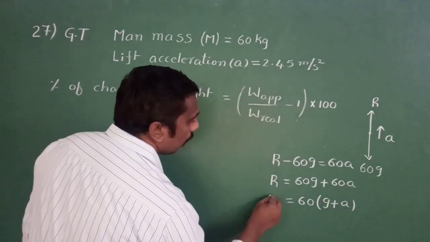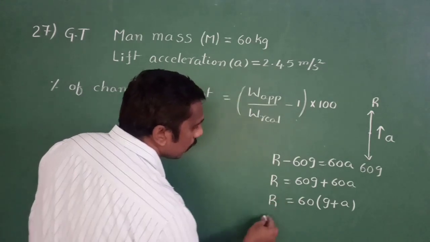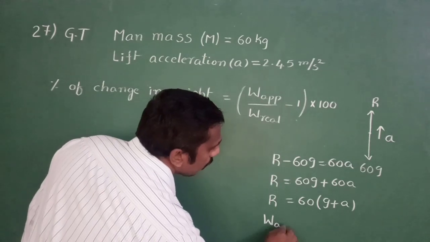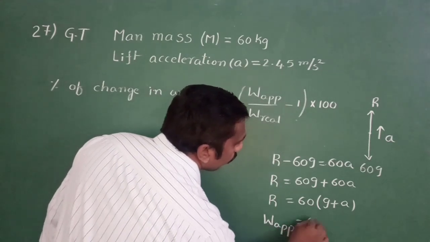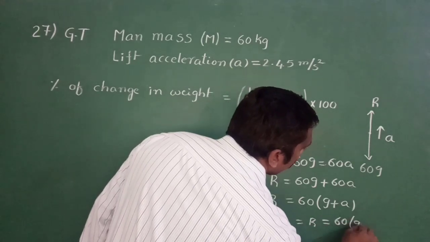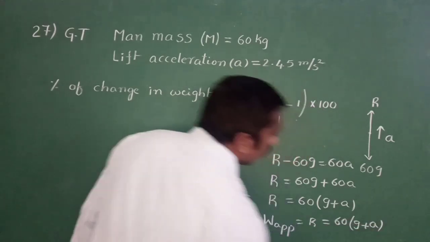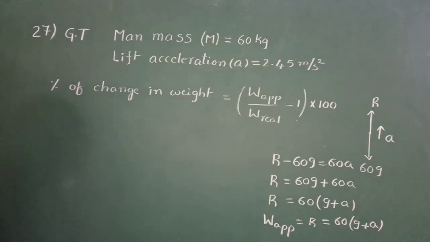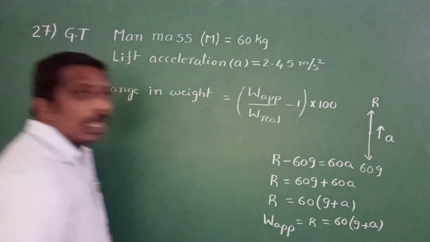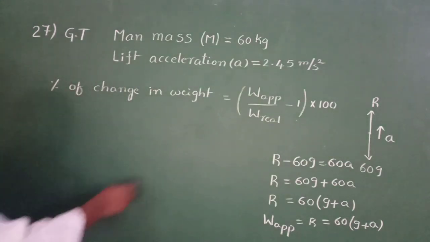This reaction is equal to the apparent weight. So W apparent is equal to R, that is equal to 60 into g plus a. We got the apparent weight value. Here the real weight is equal to 60 g.